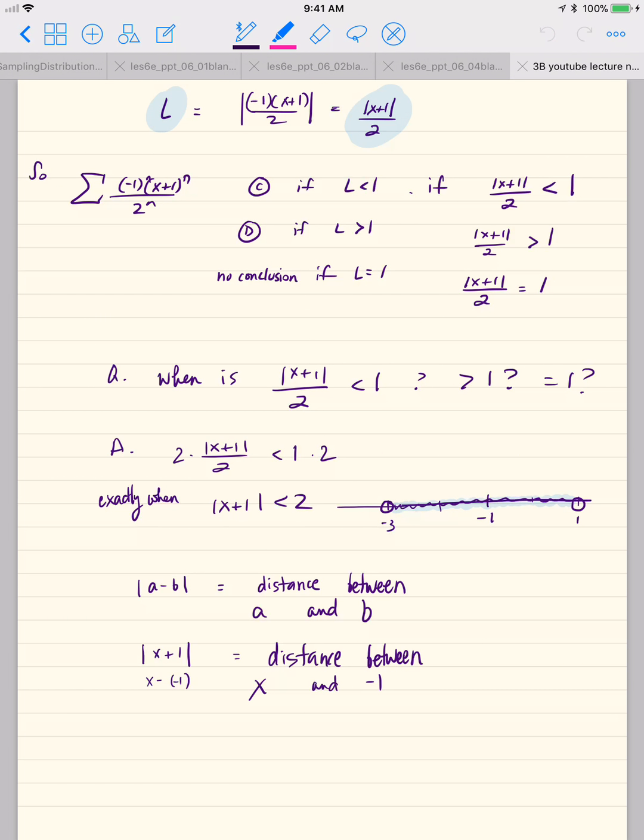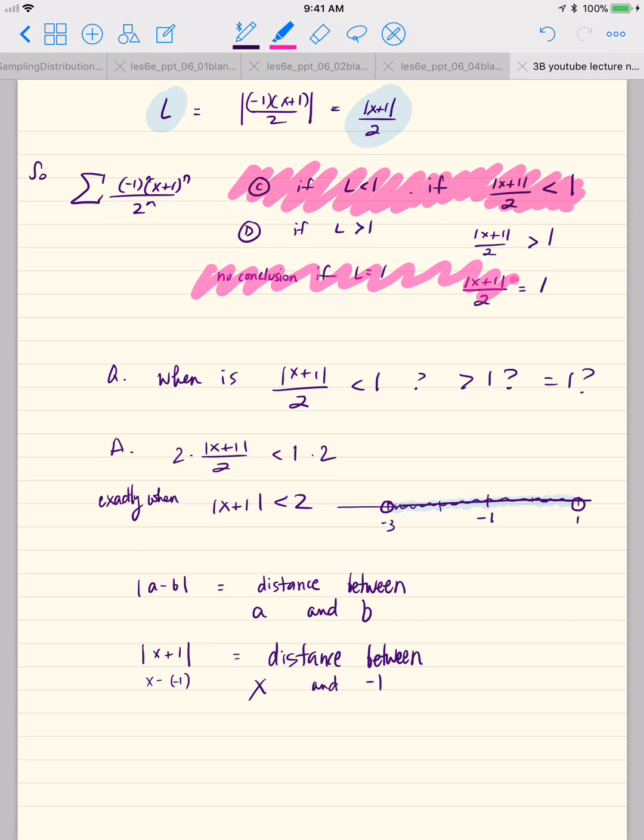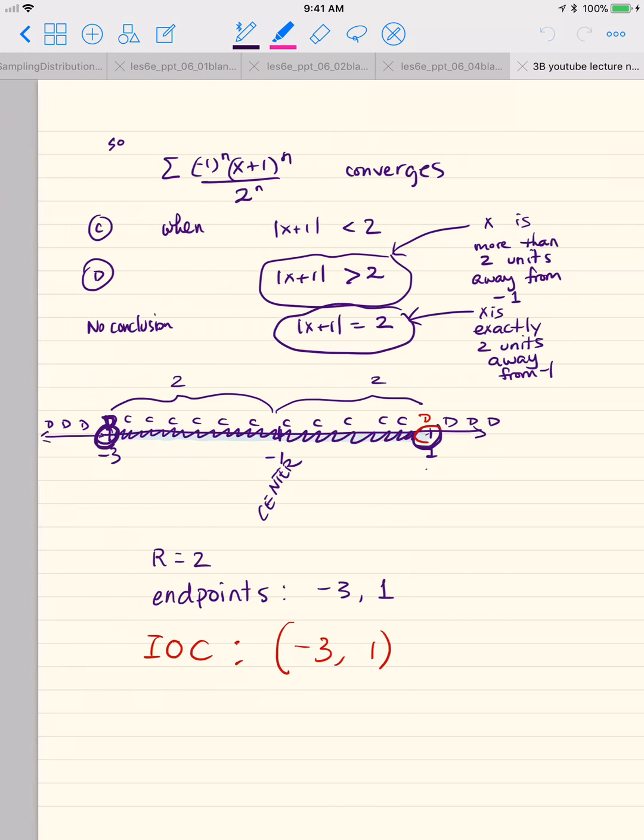So we did the root test, and from the root test, we were able to use when the series converges, that gives us our radius of convergence. And then when there's no conclusion, this gives us the endpoints, right? And so when you're able to get it of this form, |x plus c| less than 2, that 2 right there is your radius of convergence.